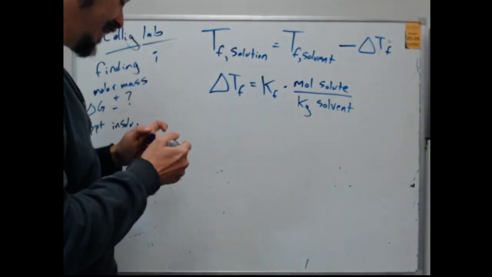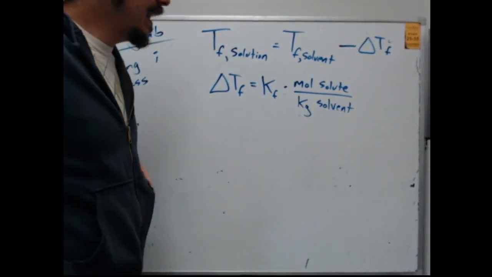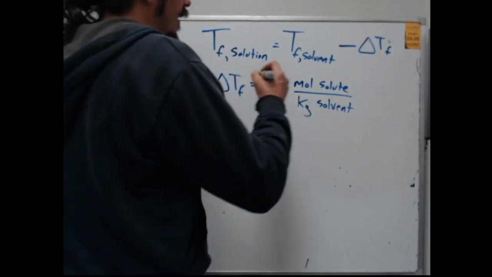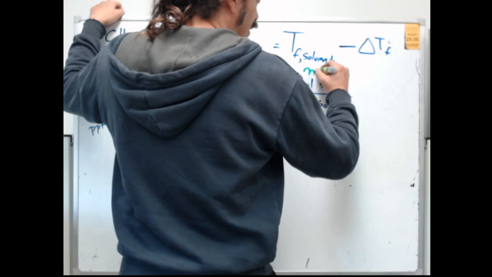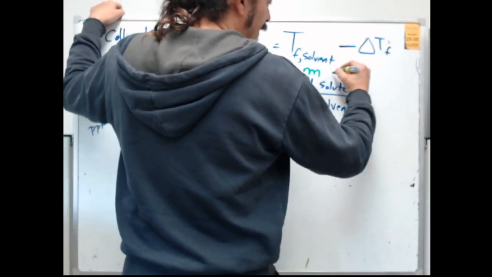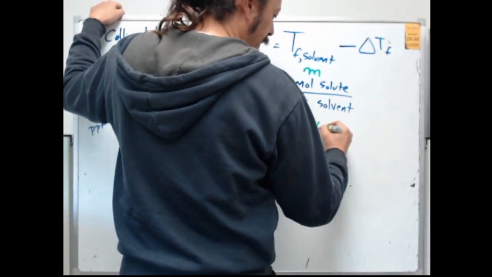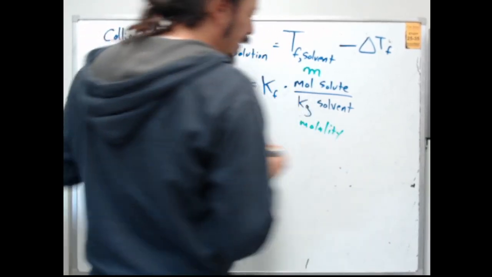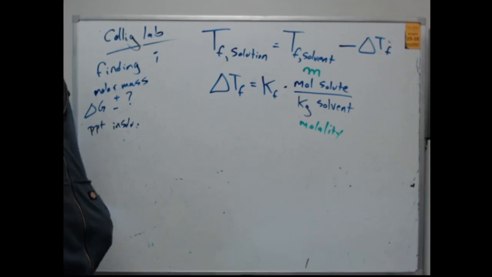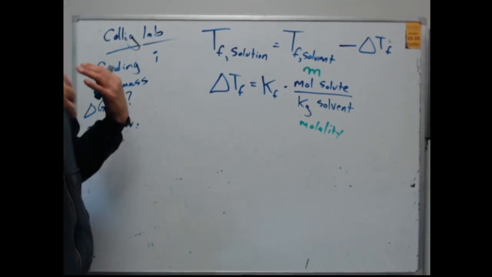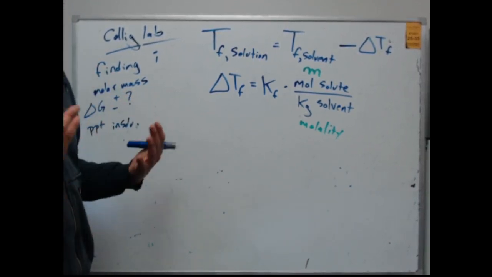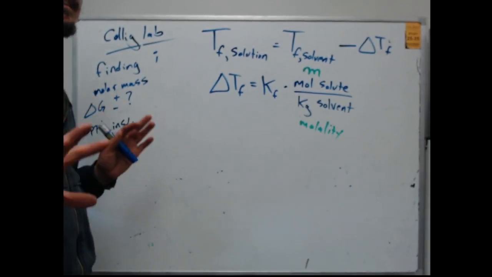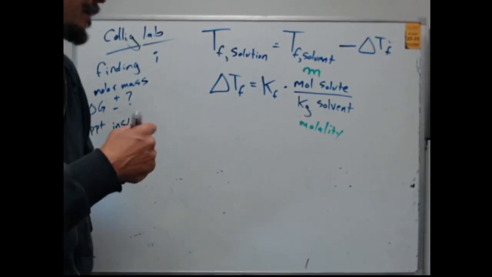This term here, I use script M, and that's molality. It's a new unit of concentration that we've introduced because of the particulars that we run into with big temperature changes causing volume changes, needing to get a different unit.